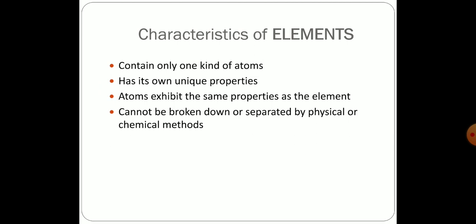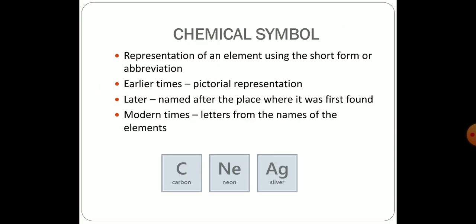Okay, so what are the characteristics? They are made up of the same kind of atoms, they have unique properties, they exhibit the same properties as that of their element, and they cannot be broken down into separate elements. So these are the characteristics of the elements.